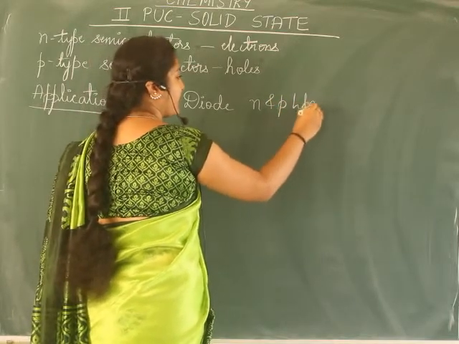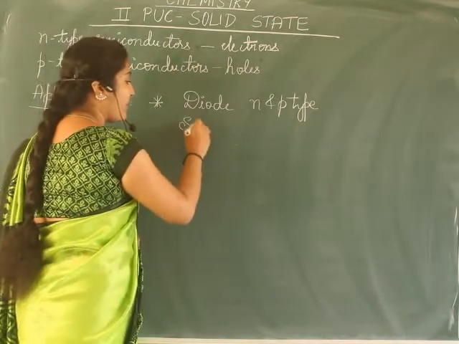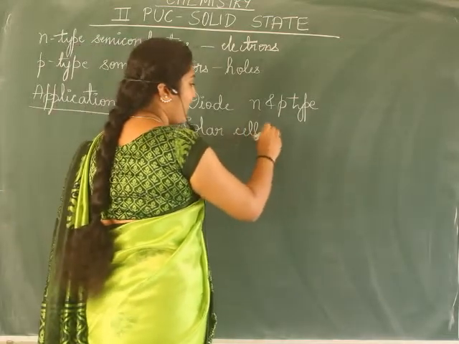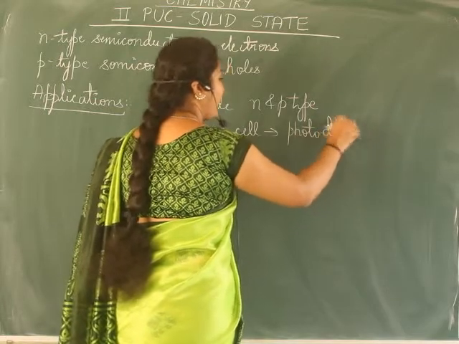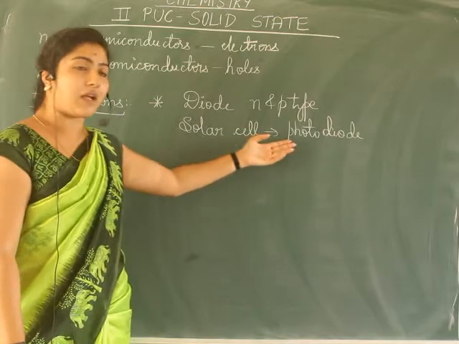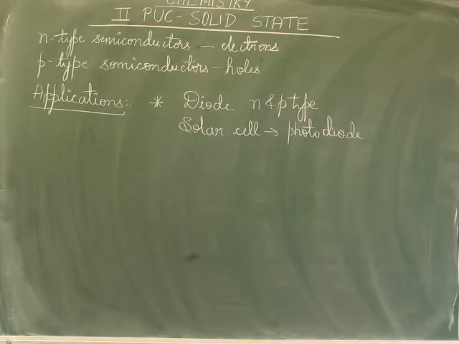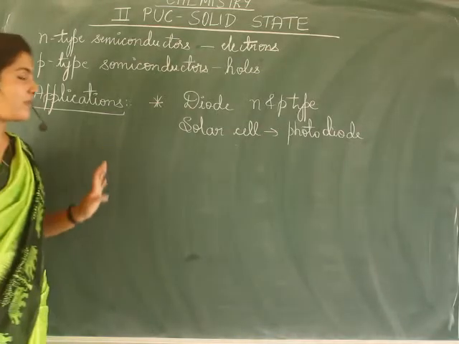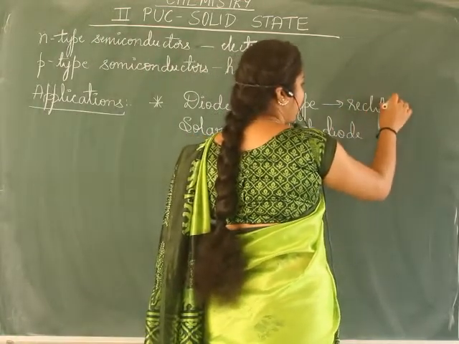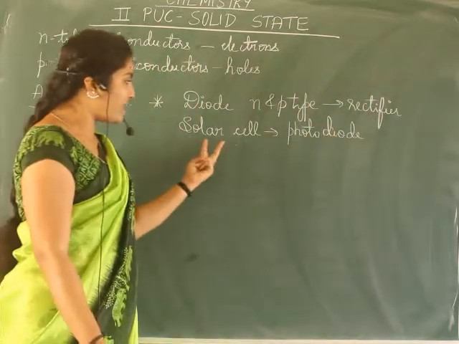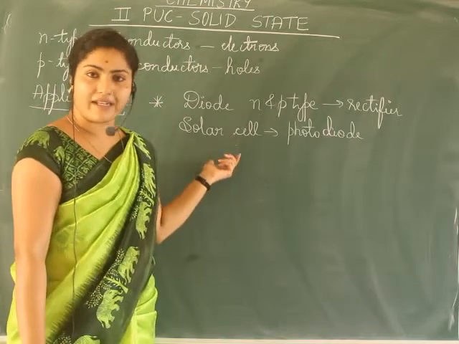For example, a solar cell is an example of a photodiode. What does it do? It converts solar energy into electrical energy. A diode, which is a combination of N and P-type semiconductor, can also be used as a rectifier. In physics you will be learning all this. One example for diode is the solar cell, which is a photodiode which converts solar energy into electrical energy.